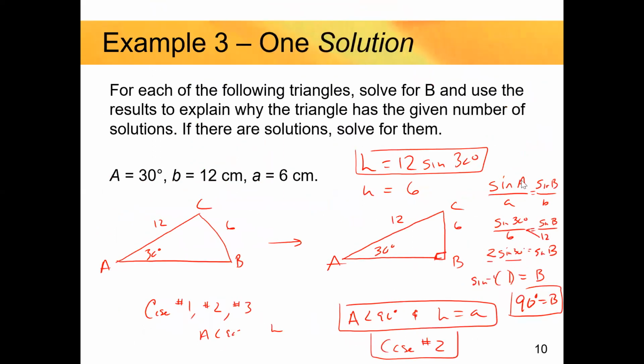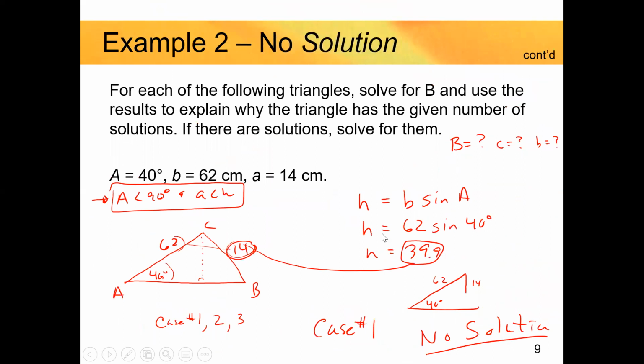In fact, let's go back to this one right here and punch this into your law of sines. So sine of 40 degrees over 14 is equal to sine of B over 62. You punch that in, trying to solve for angle B. So your calculator does help out in these two cases.